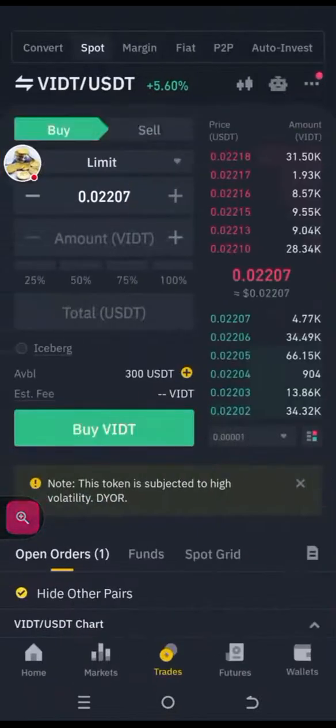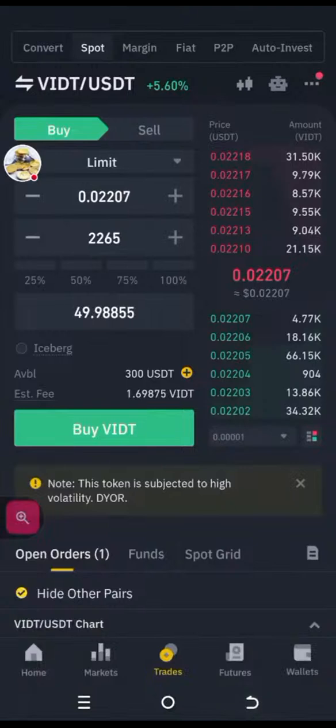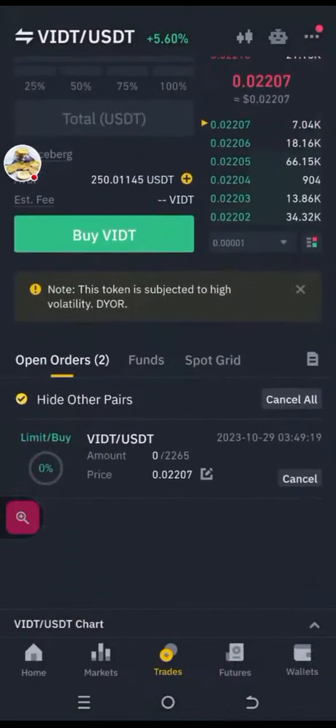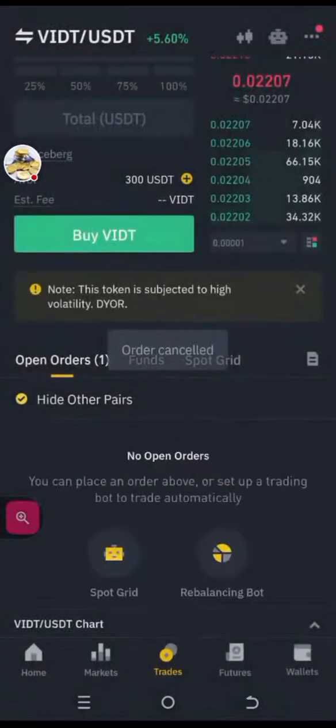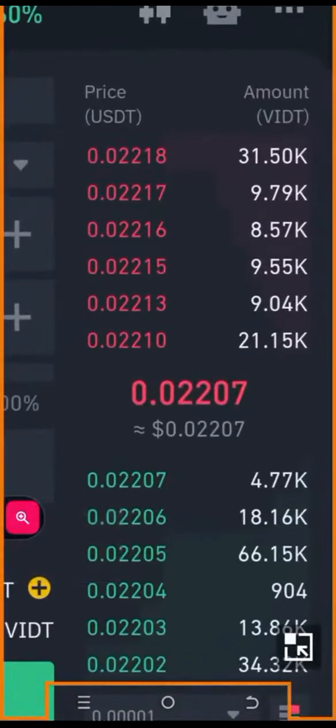Let's put in $50. Looks like it's in the queue, but I can cancel that. That means it wants me to buy at a higher price.